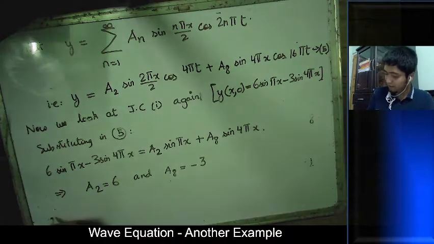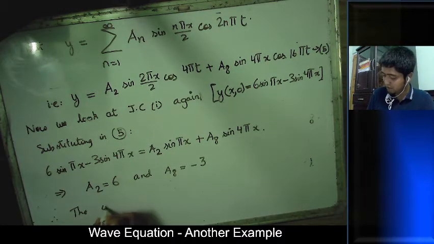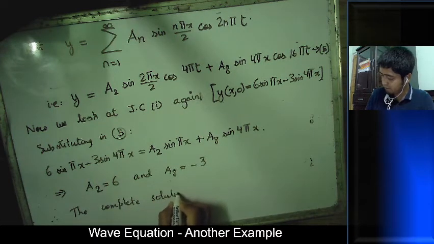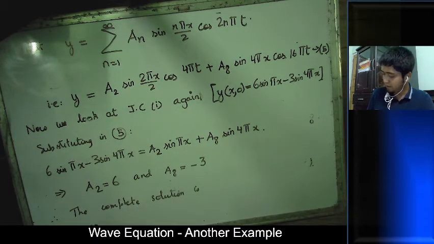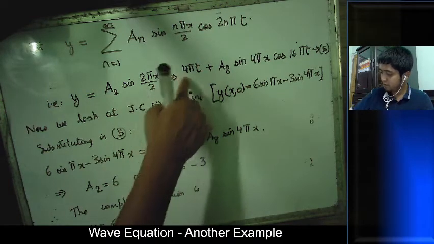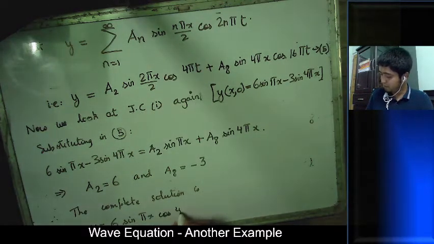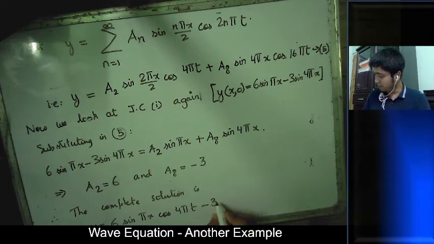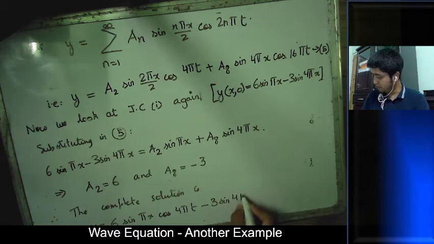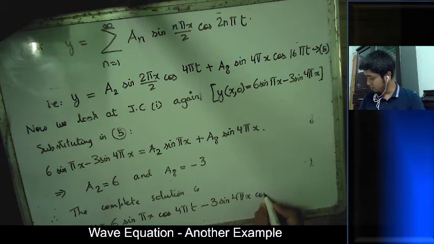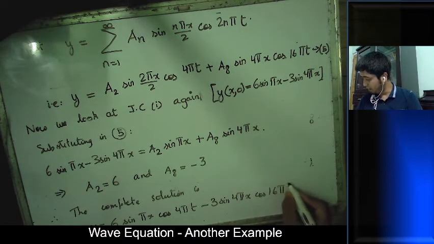Now we will substitute it in the solution. Therefore the complete solution is y equals 6 sin(πx) cos(4πt) minus 3 sin(4πx) cos(16πt).